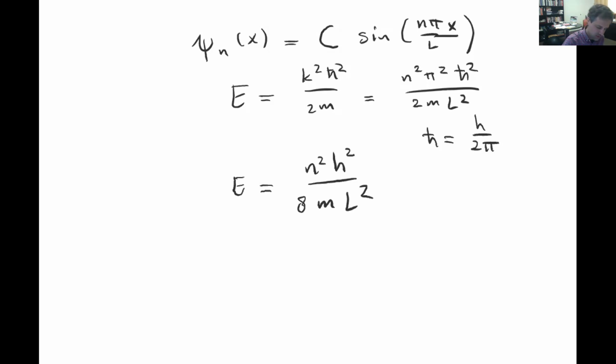So that's my solution here. I have two things. One, the shape of the wave function. It's a standing wave that looks like a sine wave, but it now has an index, n. The n has values 1, 2, 3, and so forth. And I also have the energy, which also gets a label n. Because the n is in there, it's an integer, 1, 2, 3, 4, 5 to infinity.